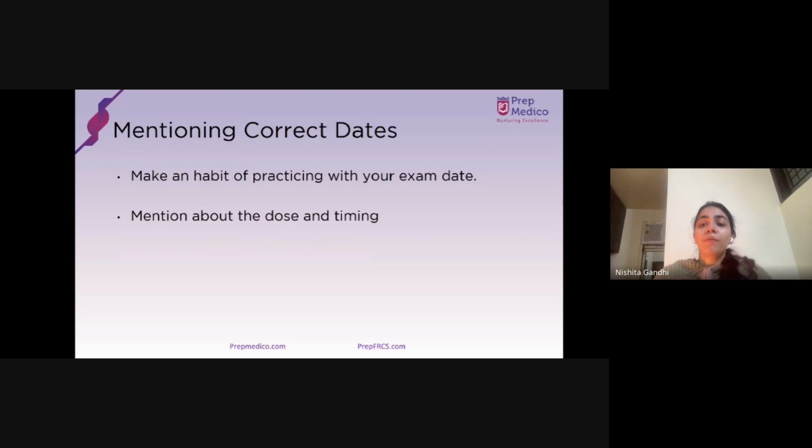And dose. For dose, the only thing which is going to save you is the BNF, guys, because even if you try to recollect or remember things, trust me, you won't be able to. You'll get confused: 25, 24, 23. How will you remember that for this drug you have this much? You can't. It's better to go for the BNF and see the doses.